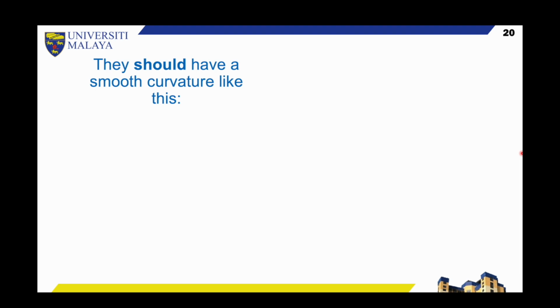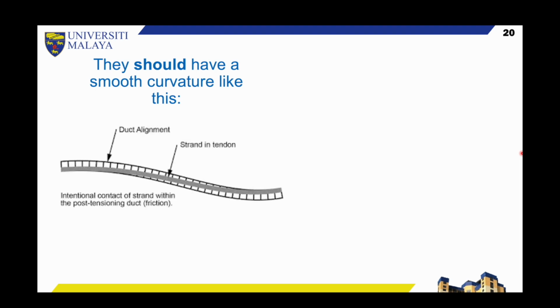How does this happen? When we have strands in ducts, they should have a smooth curvature like this. We want the strand to be idealized as being perfectly in the middle of the duct, when in reality this doesn't happen.